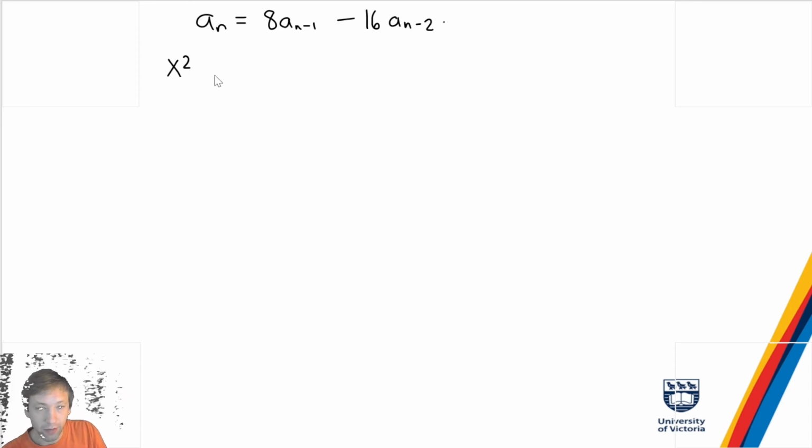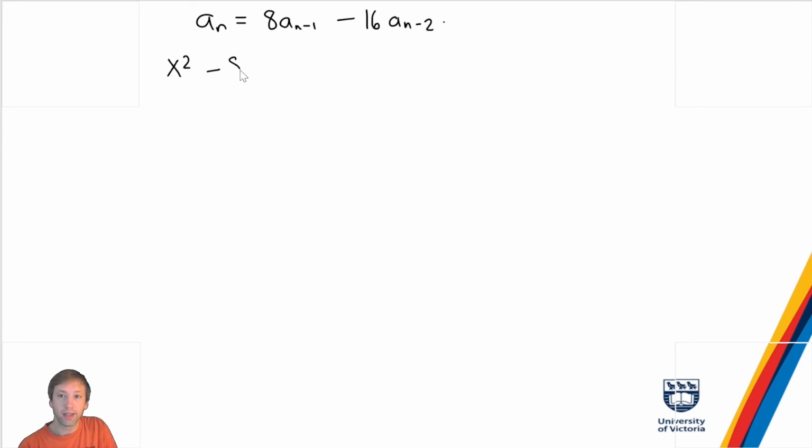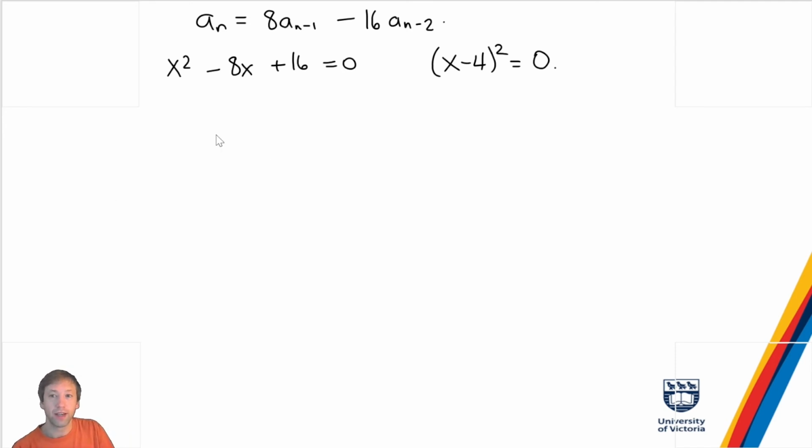We immediately write down our characteristic equation, x squared minus 8x plus 16 equals 0, and we solve it to get the roots, and we notice that there's a double root at 4. Again, it really is this easy to get the general solution. You just write down a_n is a times 4 to the n plus b times n times 4 to the n. This is the general solution.